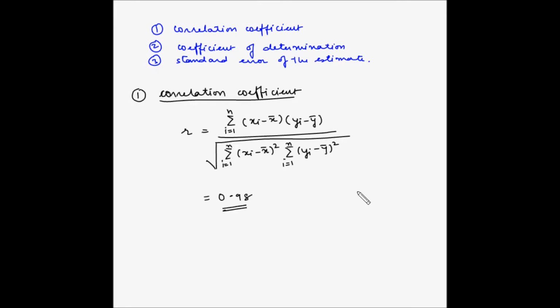Now what does this mean? Basically r can range from -1 to 1. If I take a scale here, this is 0, this is minus 0.5, this is -1, this is 0.5, and this is 1. At these two points the correlation is strong.